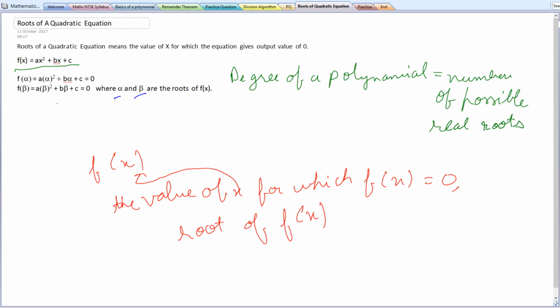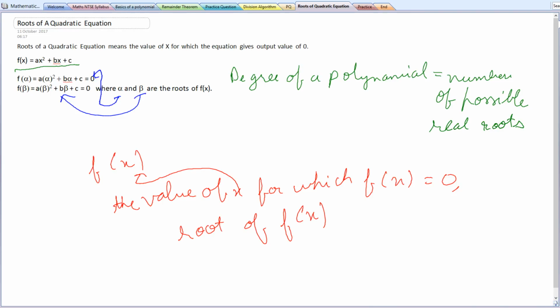So alpha and beta are those values of x where f(alpha) is 0 and f(beta) is also equal to 0. The values of x for which f(x) is 0, that is x is equal to alpha or x is equal to beta, are known as roots. Hence our roots here are alpha and beta.